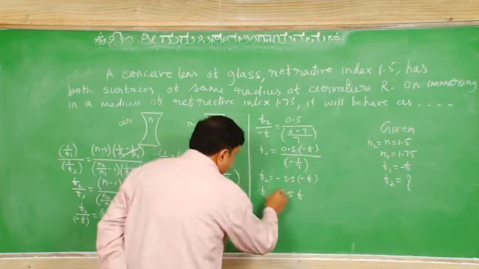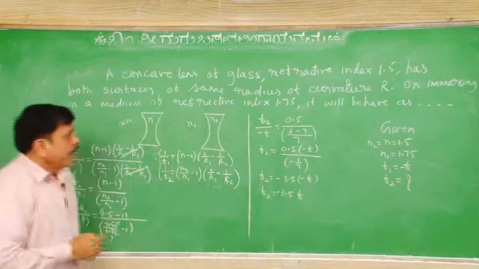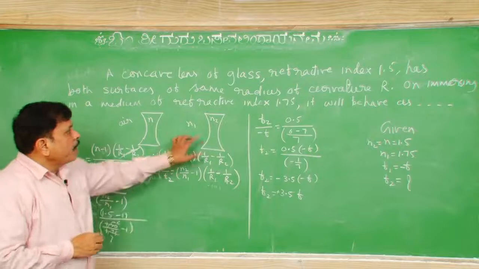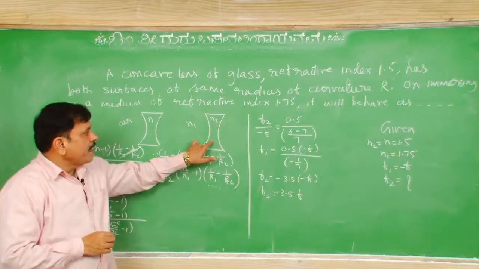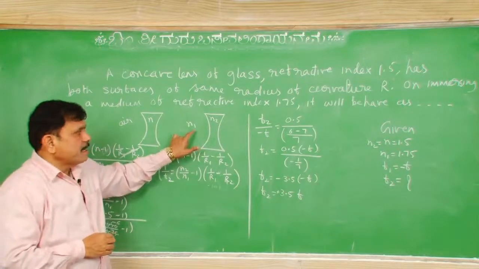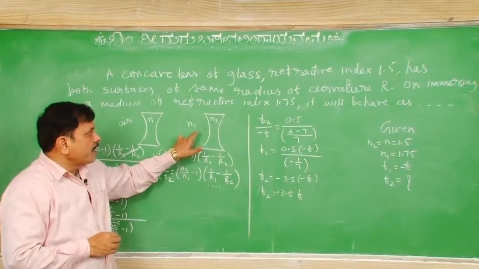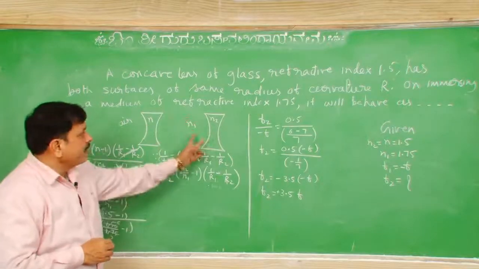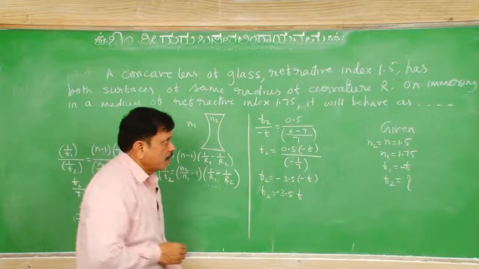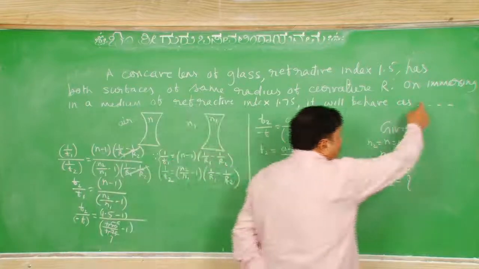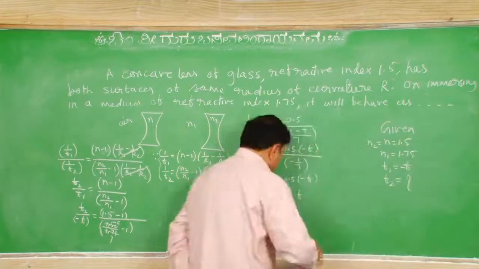Now what is the sign we are getting here? Plus. It means, if you have any lens kept in a medium which has refractive index more than the refractive index of the lens, then its nature will be changed. So here it will behave as what? A convex lens or converging lens.